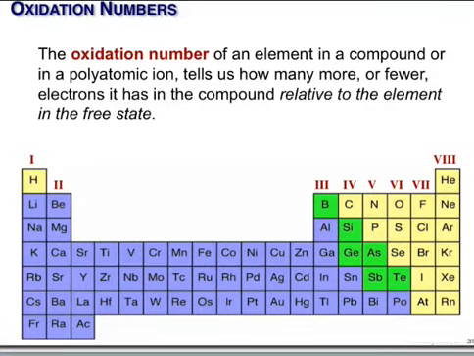Here's our lead. Lead is going to have some number of electrons to be neutral. If it loses 2 of them to become a +2, we would simply say its oxidation number is 2. If oxygen gains 2 electrons, its oxidation number would be -2. Simply compare the element in the standard state, the periodic table, with the element in your compound.